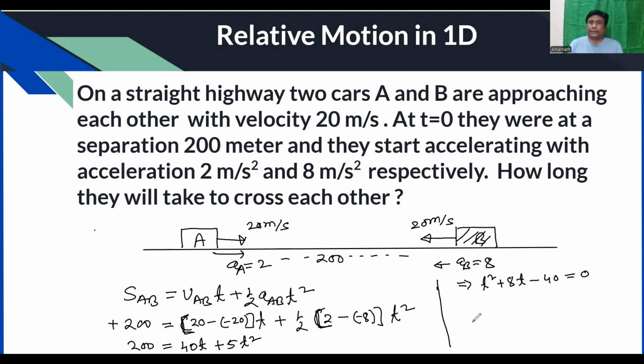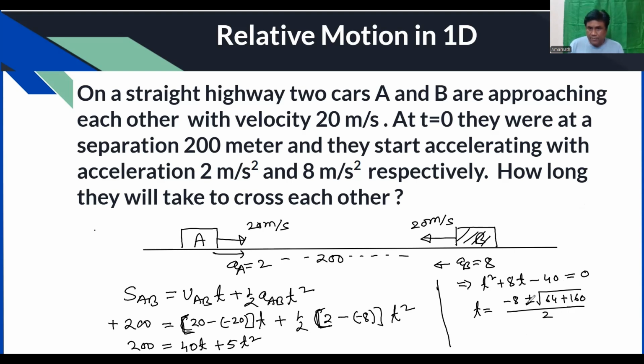So t equals minus b plus minus root of b square minus 4ac, by 2a. So 4ac is 4 into 40. How much? 160.